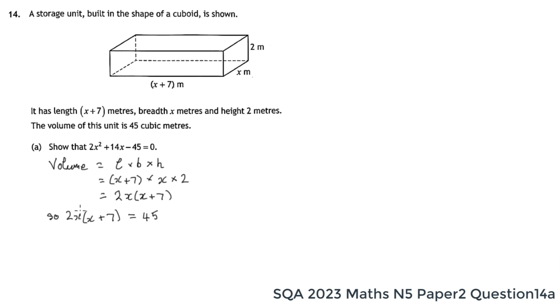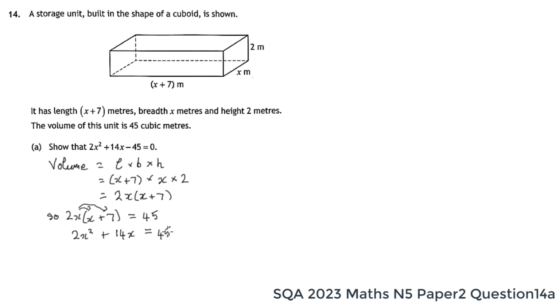And let's multiply out this bracket. So both terms get multiplied by the 2x. 2x times x is 2x squared. 2x times 7 is 14x. And that equals 45. So one last thing to do, if we look at this equation up here, we've got 0 on the right hand side.